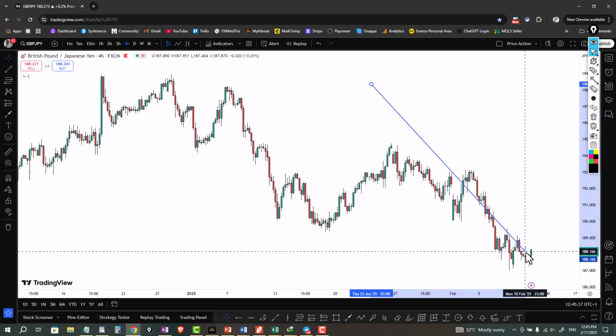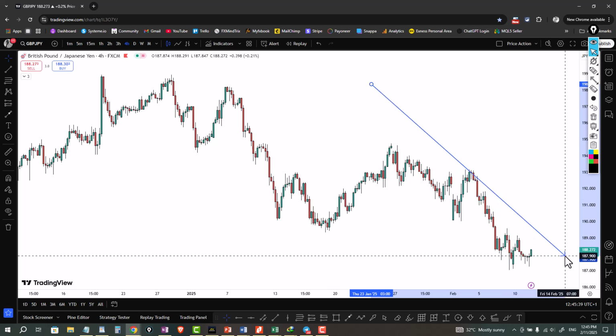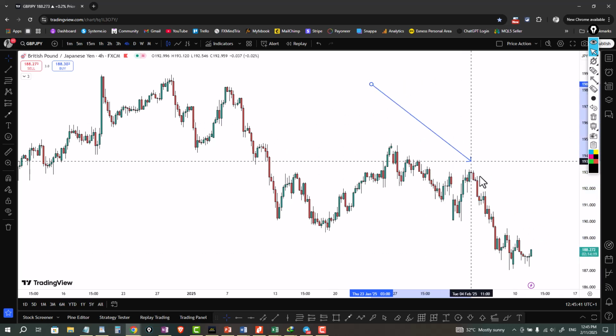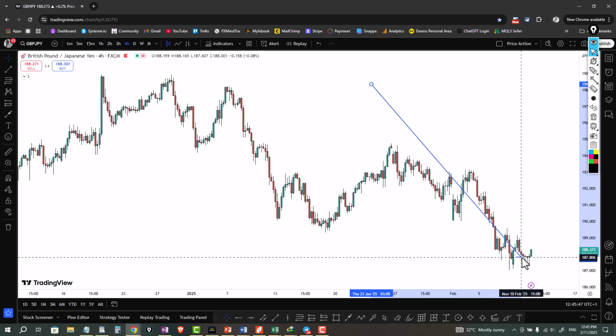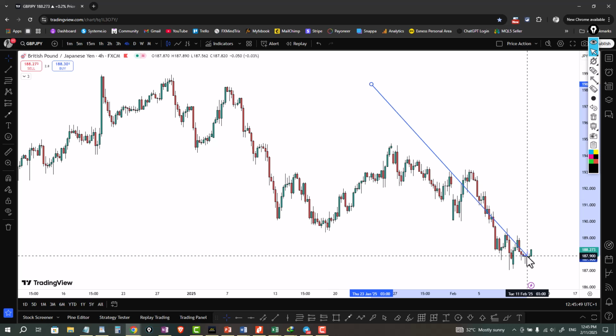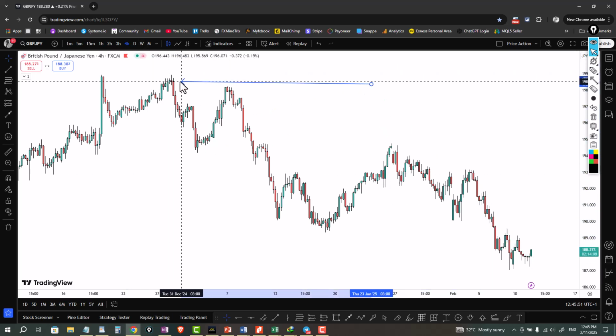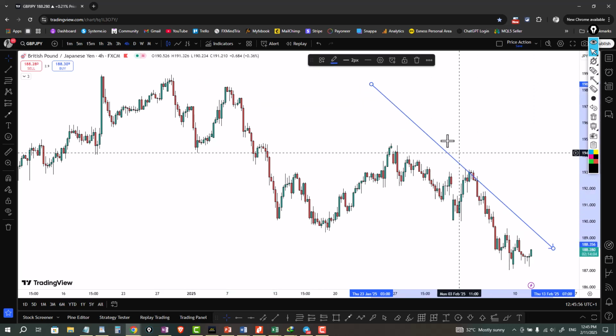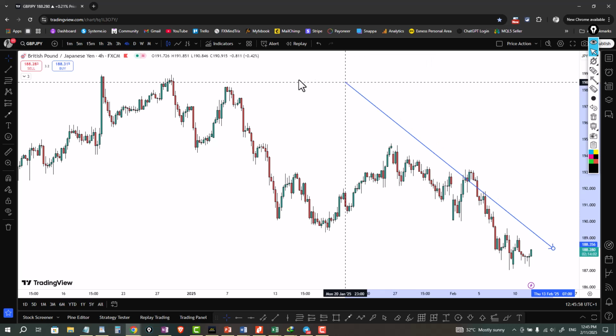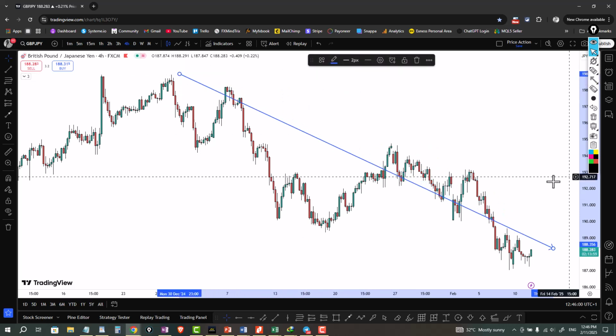But currently, you can see that price is around the 188 level. So it fell down more than 100 pips, or whatever the case might be. Sorry, 100 pips is even so little. I think 1,000 pips in this example. So in this case, price moved from all the way up here to all the way down here, and the move over a period of time was to the downside.